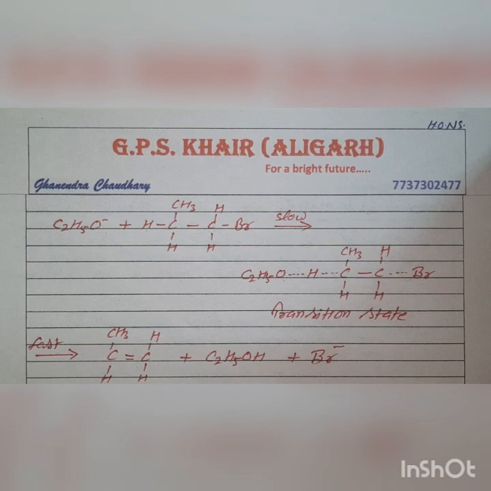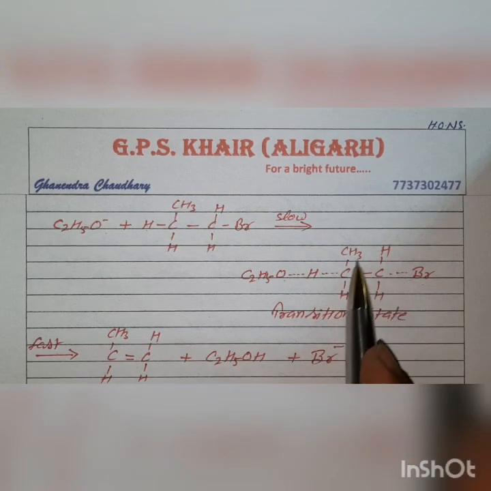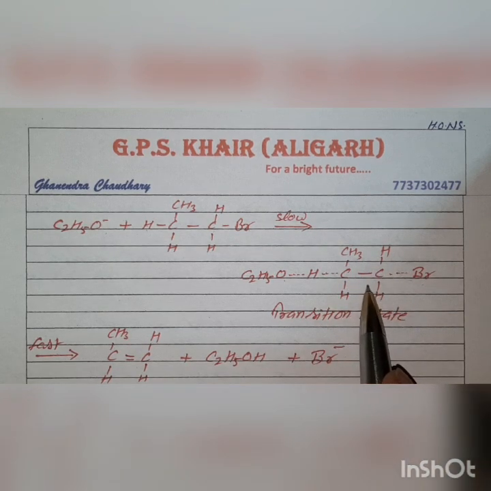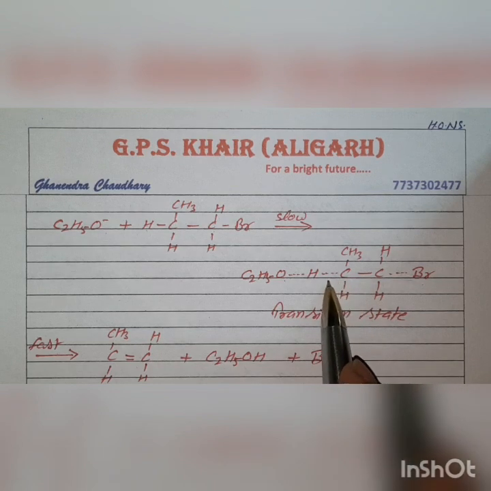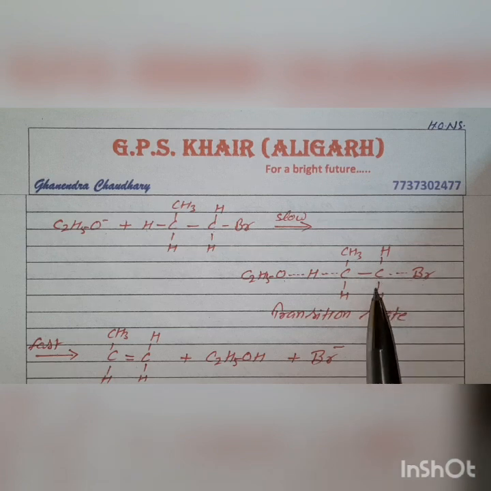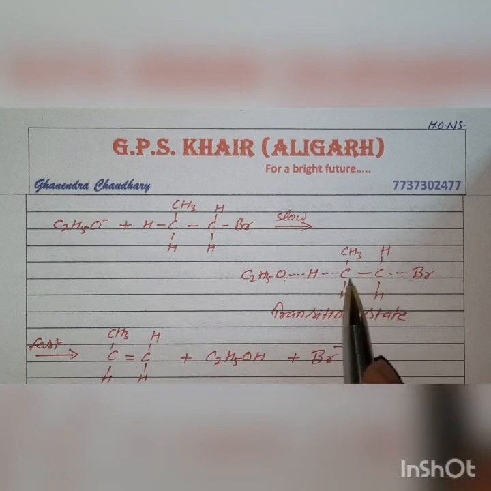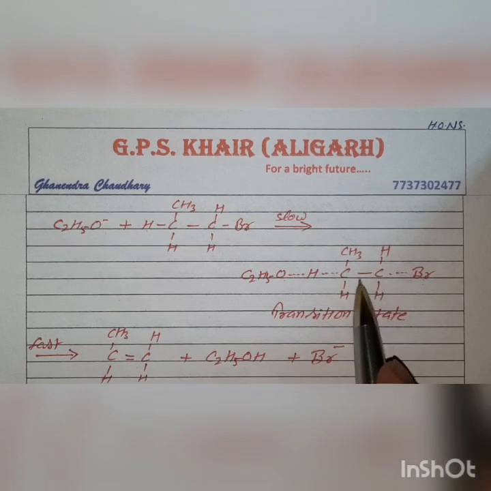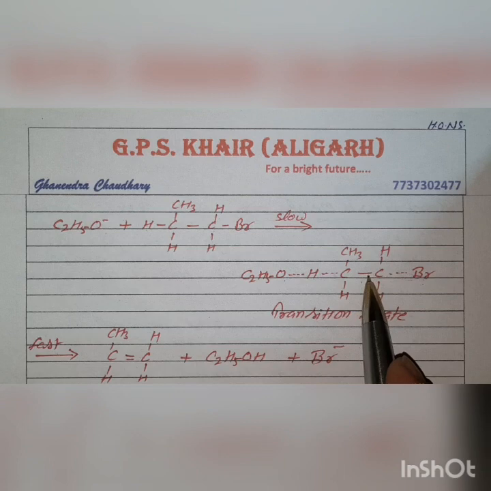But these are two nearest carbon atoms, so it converts into an alkene. Why? Because this carbon atom lost a hydrogen atom and this carbon atom lost a halogen atom. So for completing valency, these two carbon atoms link with each other by a multiple bond, like a double bond.